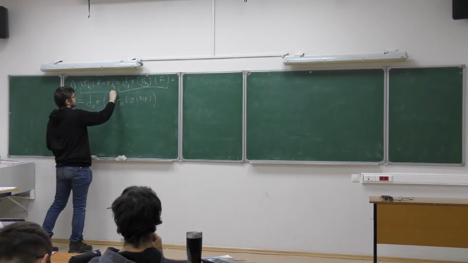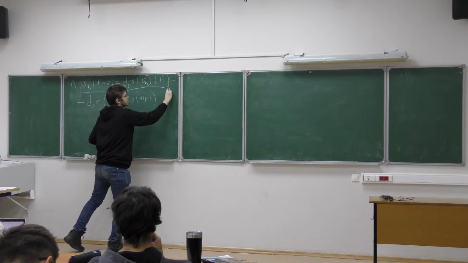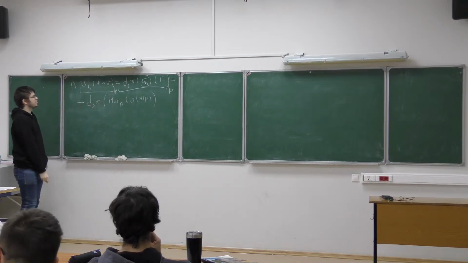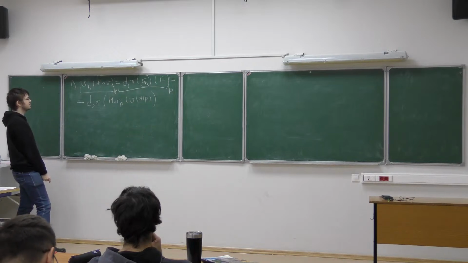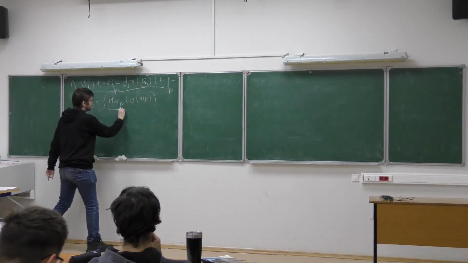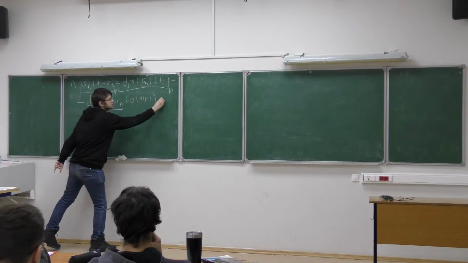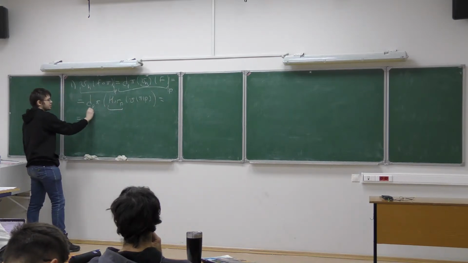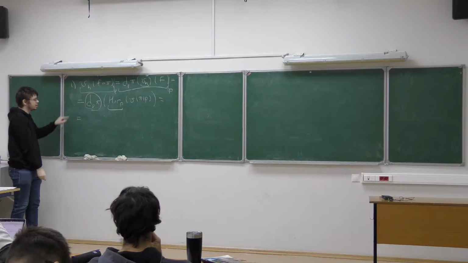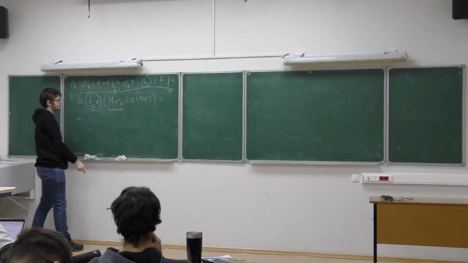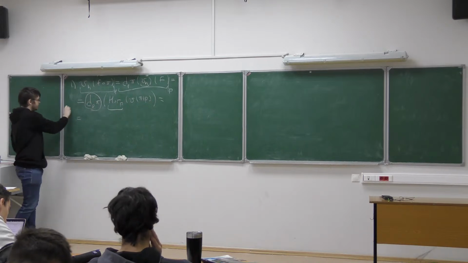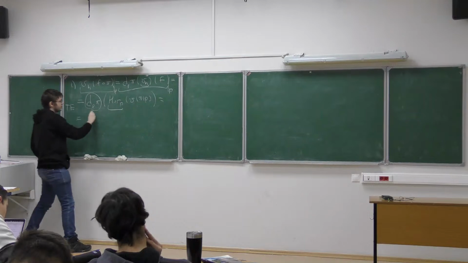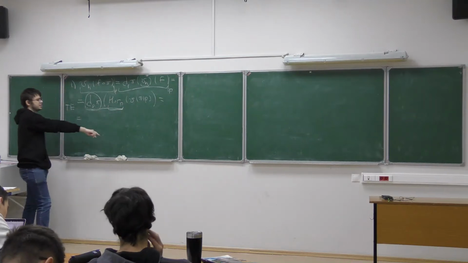Actually, we want to calculate it at point P. So we know what this horizontal P is. It's just the inverse of this on the horizontal. This is restricted on the horizontal part of T, so this is just the identity.